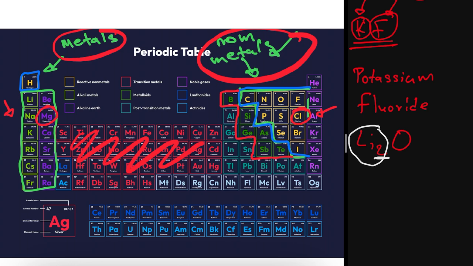We're just going to name the first element, which is lithium. And then the last part is oxygen. Remember, we're just going to change the last part and write it with -ide. So this is going to be lithium oxide. So I hope you get the idea of how to label an ionic compound.